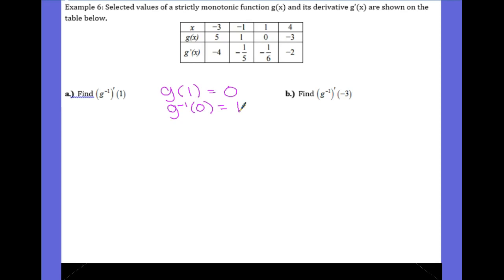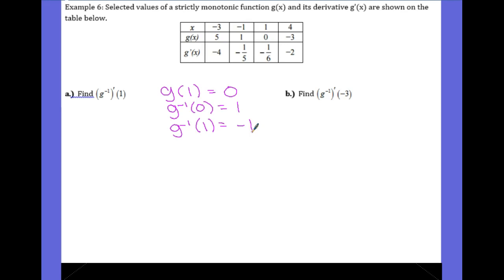So g inverse prime of 1 would be like saying, okay, what's g inverse of 1? Well, if this goes 1 to 0, the inverse goes 0 to 1. I just picked this as a random example to give you the idea. So the original goes 1, 0, the inverse goes 0, 1.